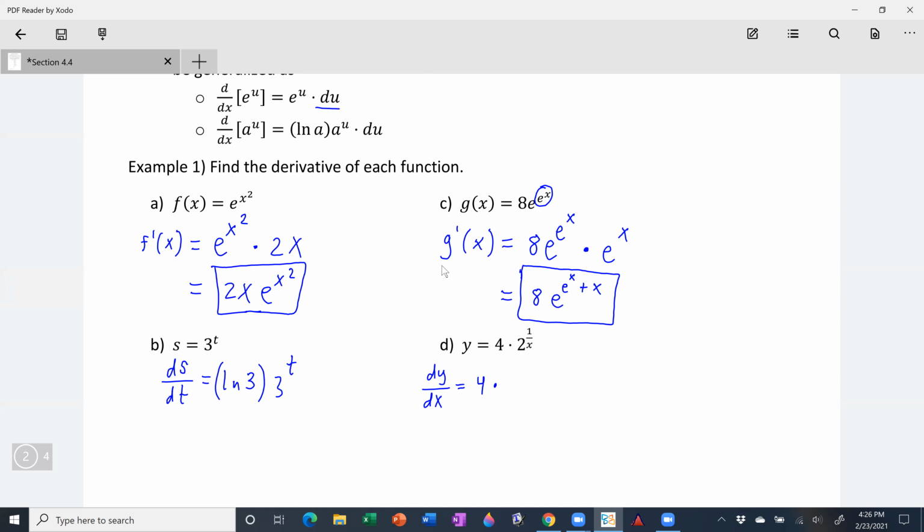So the derivative of a to the power of u is going to be natural log of, and I'm going to use extra parentheses here, natural log of the base times the stuff itself, a to the u itself, so it's going to be 2 to the 1 over x, and then times du, okay, because this is definitely a chain rule, 1 over x is some extra function, so times the derivative of 1 over x, okay?